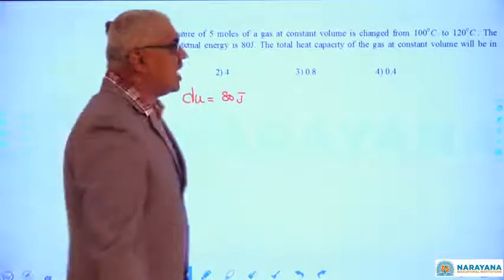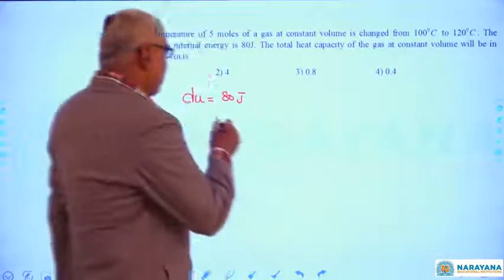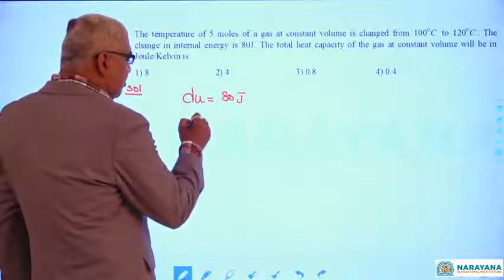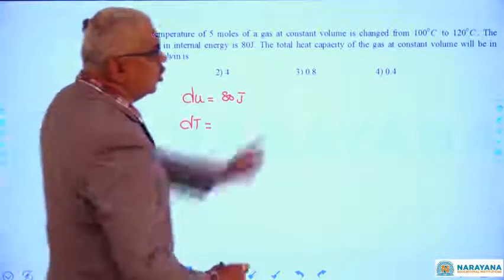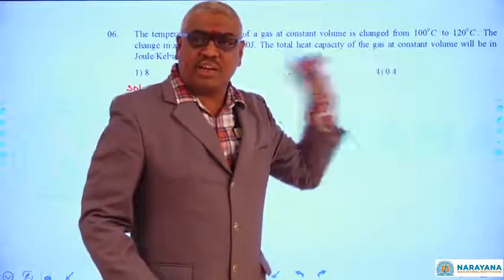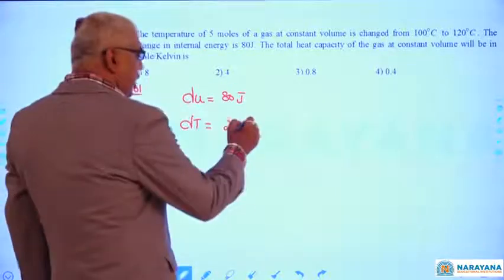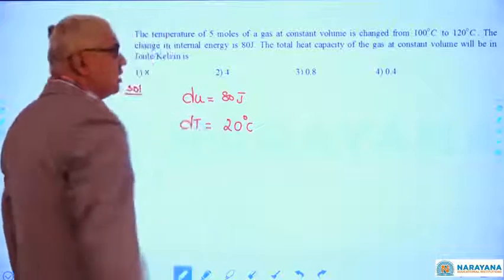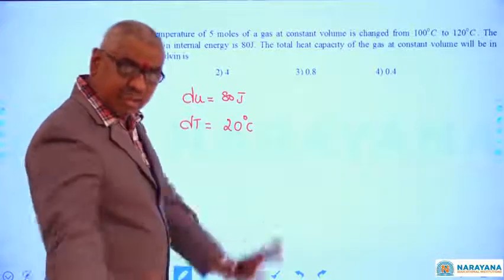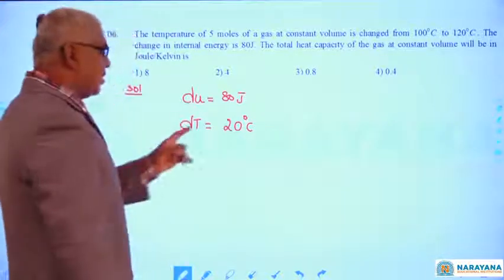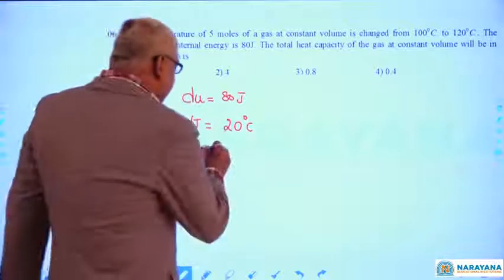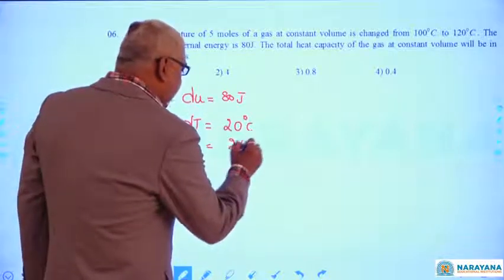And the change in temperature is given as dT equals 120 degrees Celsius minus 100 degrees Celsius, which is 20. A change in degree Celsius is the same as a change in Kelvin, so 20 Kelvin here.